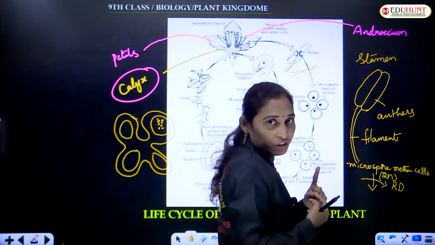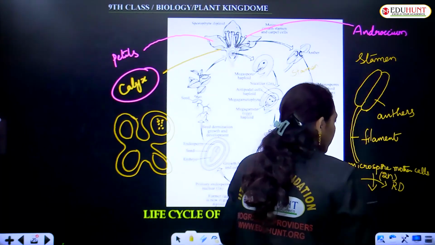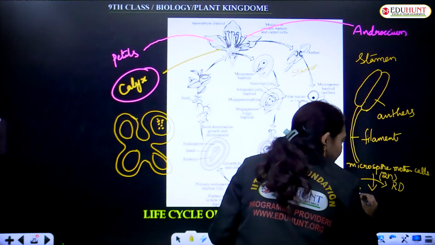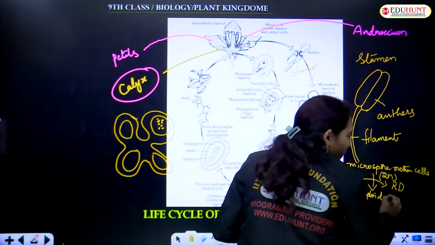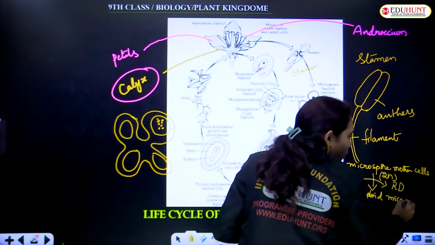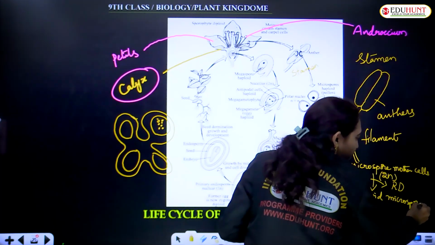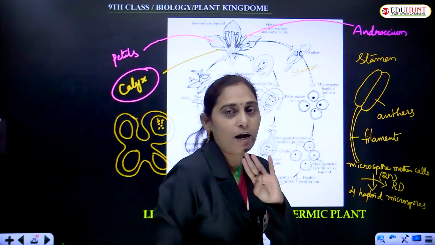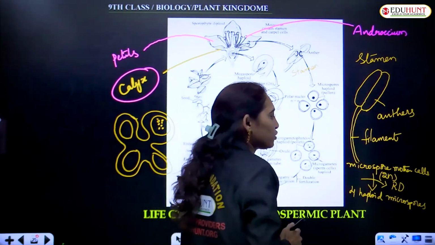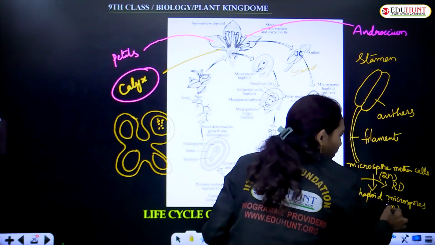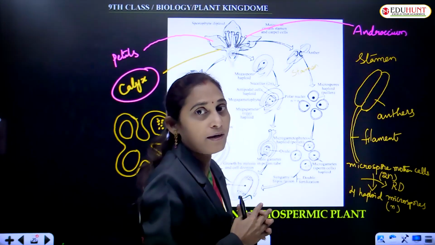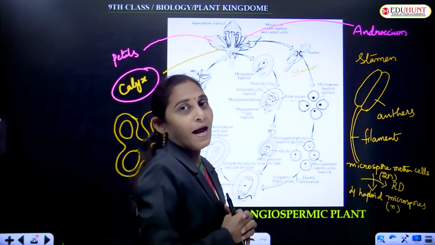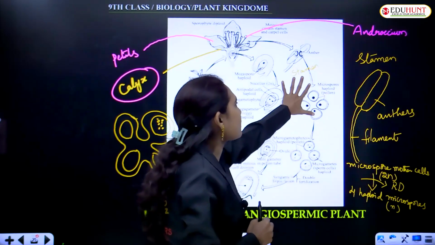One reduction division. And this produces 4 haploid microspores. Each is n, because I am saying that it is haploid.